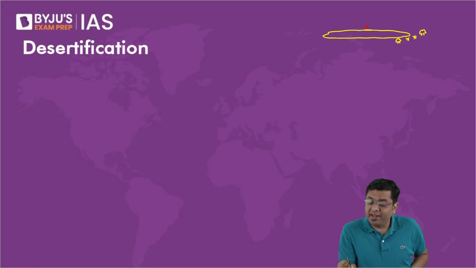Now in the desert area, what do you think will be the wind velocity? It will be very high. It will carry the loose top sand, and that sand will end up getting deposited on top of this landmass, isn't it? So what do you have in that case?